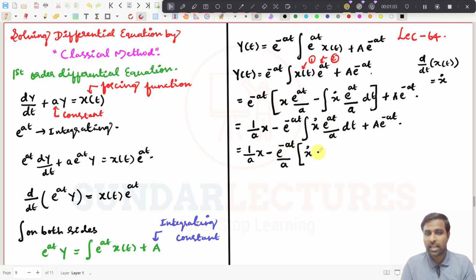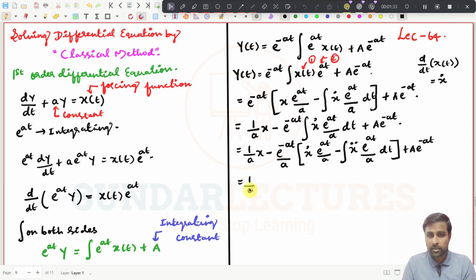So e power at I have to integrate, then I will get e power at divided by a. This a I have already brought outside. And then I put minus integration of, I need to differentiate this. So this will be x double dot and e power at, if I integrate this one, e power at divided by a will be there, right? It will be dt. Then this term is already there, e power minus at.